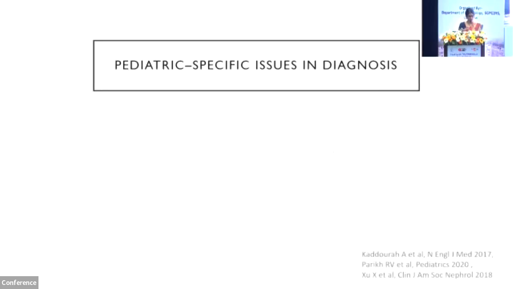Let me begin by highlighting the pediatric specific issues in diagnosis of AKI. Firstly, the absence of a baseline creatinine that varies with age from birth to 18 years presents a significant challenge. Secondly, there is scanty research on urine output criteria, which is relevant to this age group in relation to outcomes.